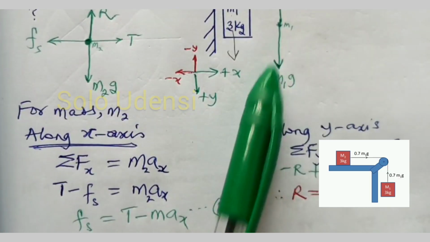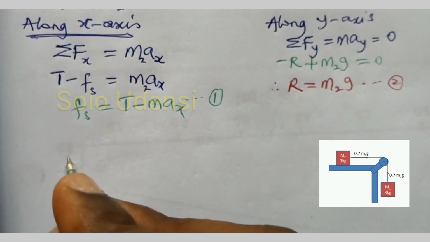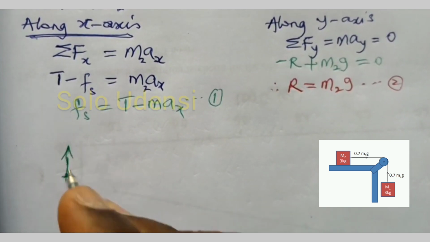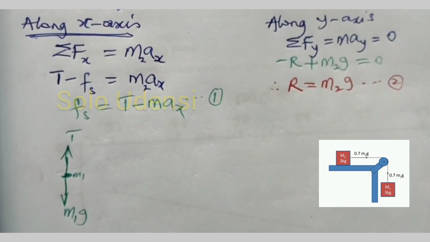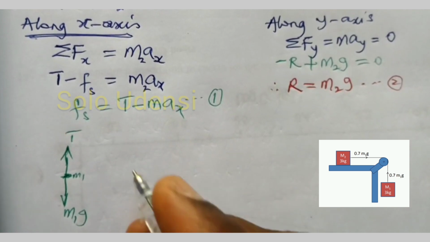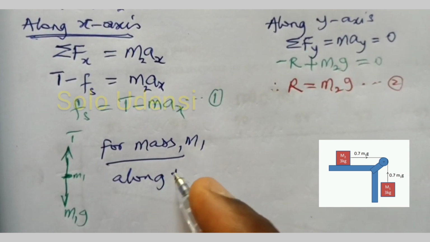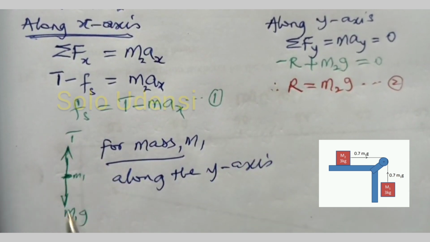For mass 1, which is this one, I will redraw it beside here. For mass 1, remember we have something like this: m1g and then T. For mass 1, there's no motion along the x-axis, so along the y-axis, this is our y-axis.